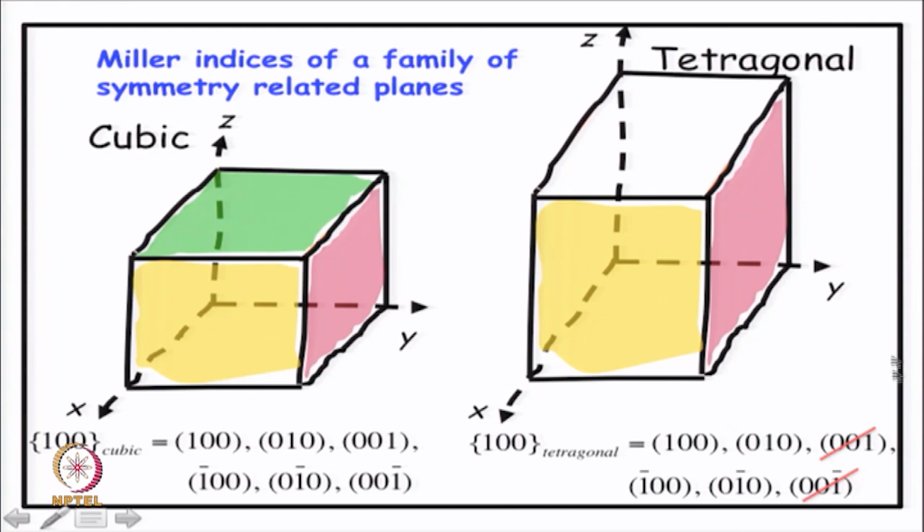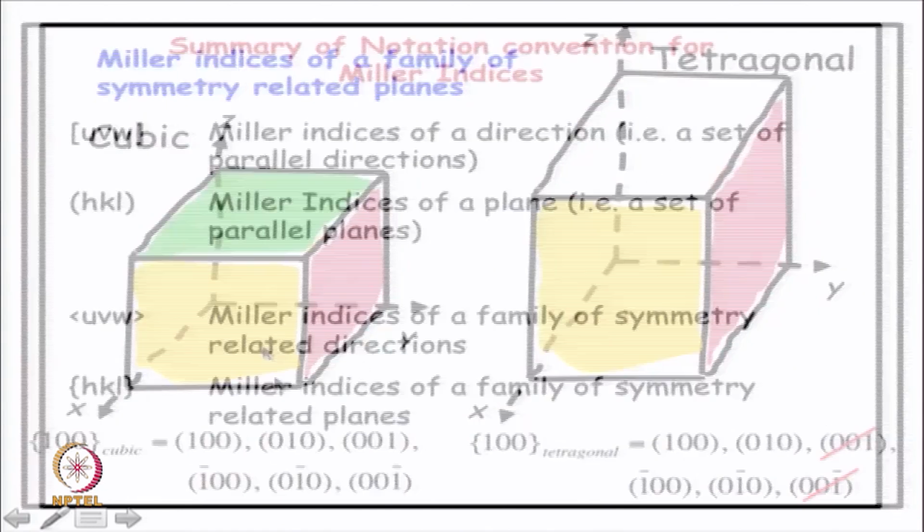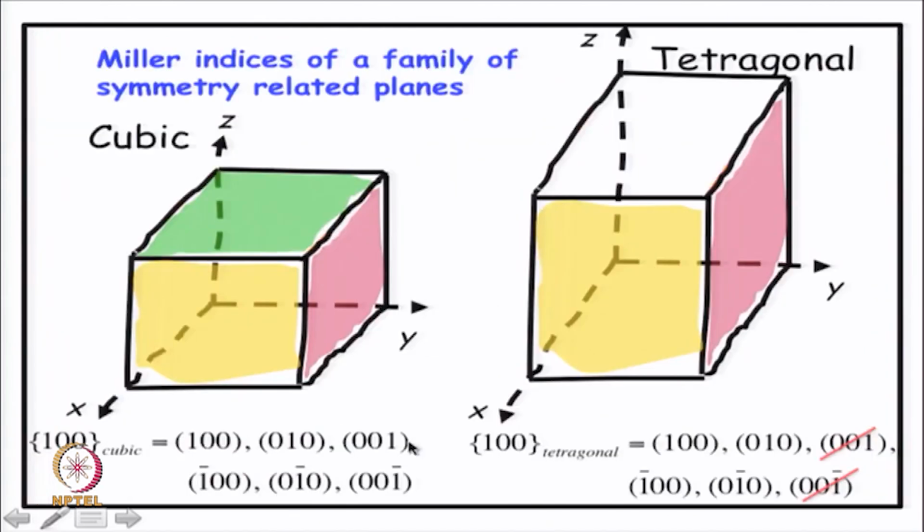We will have only 4 indices now: 1 0 0, 0 1 0, bar 1 0 0 and 0 bar 1 0. I have cancelled 0 0 1 and 0 0 bar 1, which represent the horizontal faces and which were members when we were talking about the cubic family, but in the tetragonal system they are not equivalent. So, it is important to keep this in mind.